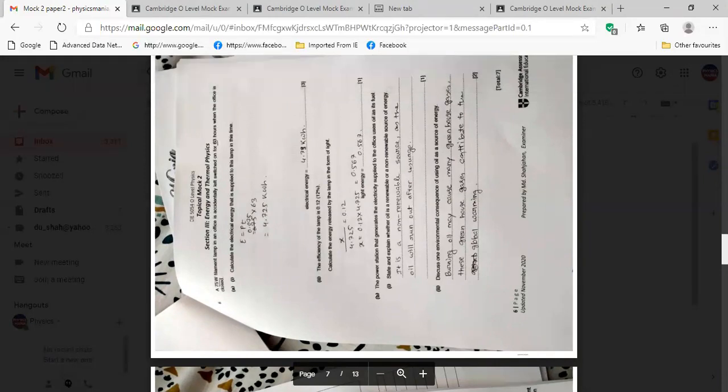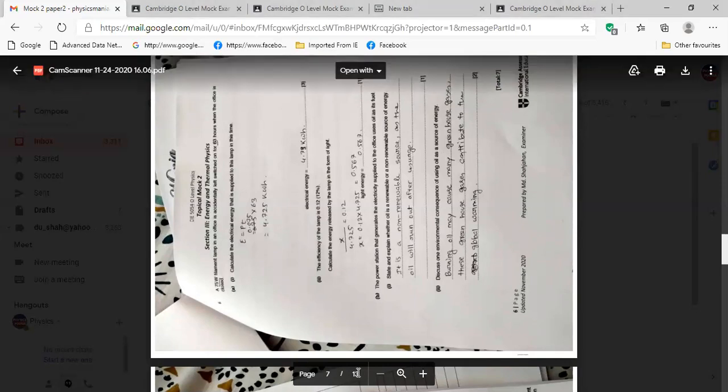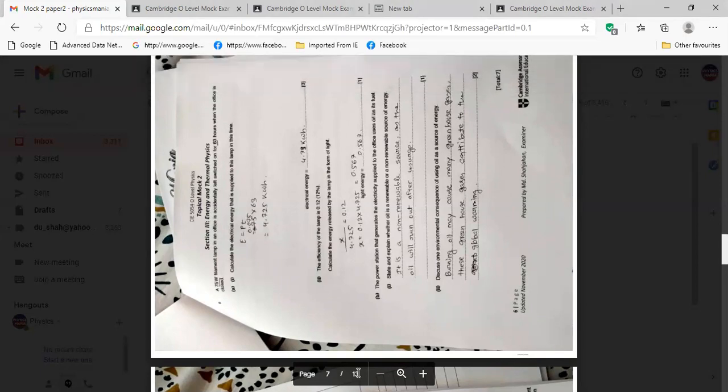And then question number 6. You have 1.7 into 10 to the power 7. Electrical energy produced by this lamp in this time: 63 hours and 75 watt.